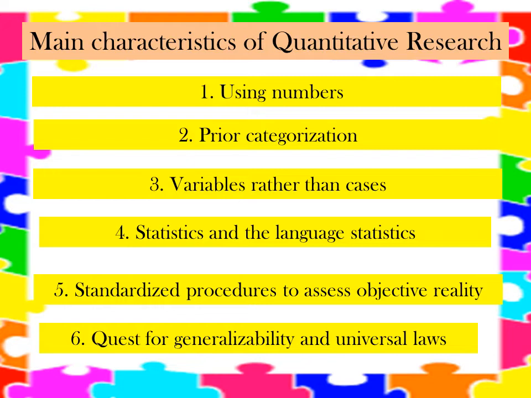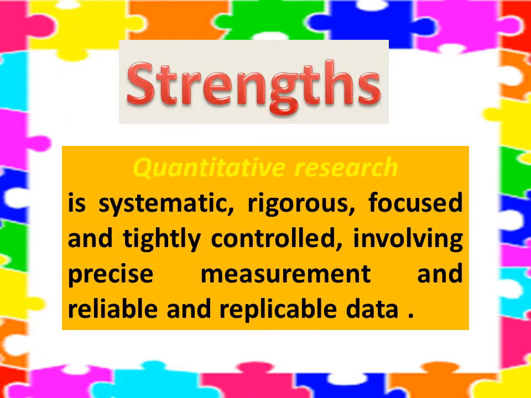And lastly, for number 6, quest for generalizability and universal laws. Numbers, variables, standardized procedures, statistics, and scientific reasoning are all parts of quantitative quest for facts that are generalizable.